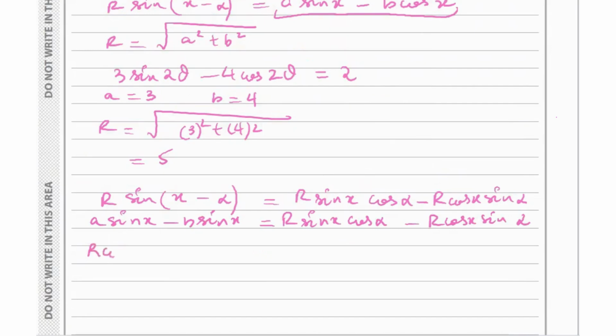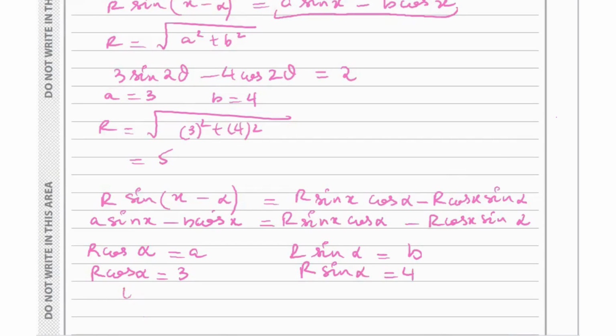So r cos alpha equals A and r sine alpha equals B. So A value is 3, B value is 4.